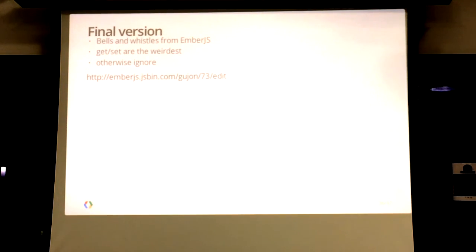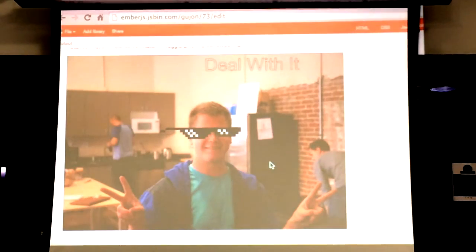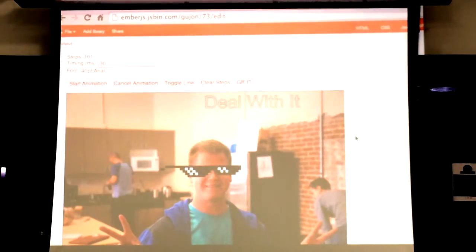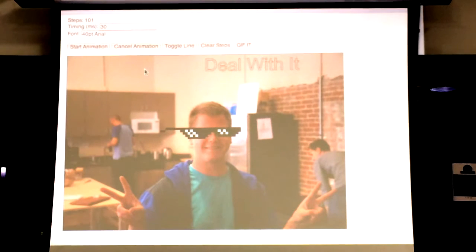And then, you want to see the final version. So you can tell the steps over here, 101. And then you can say clear, all right, everything's gone. And then you could bring it back, hit it like that.